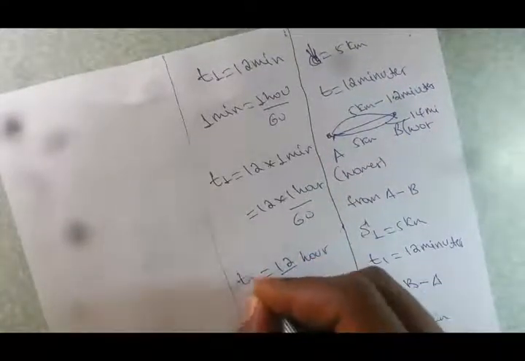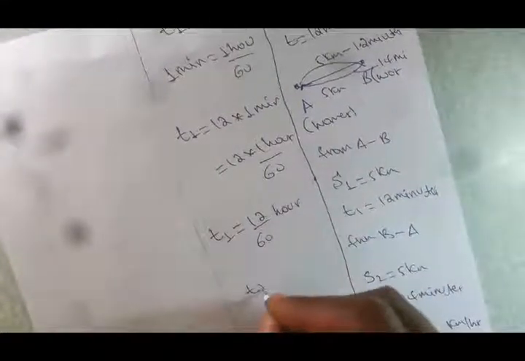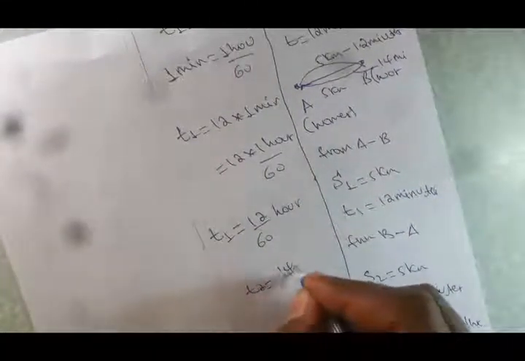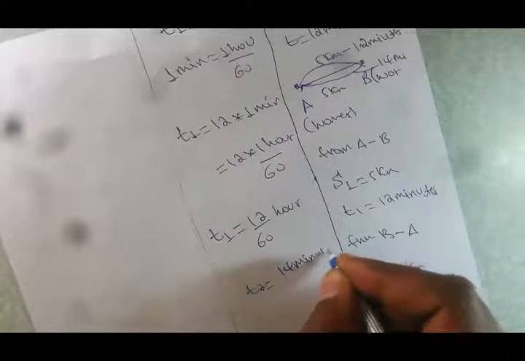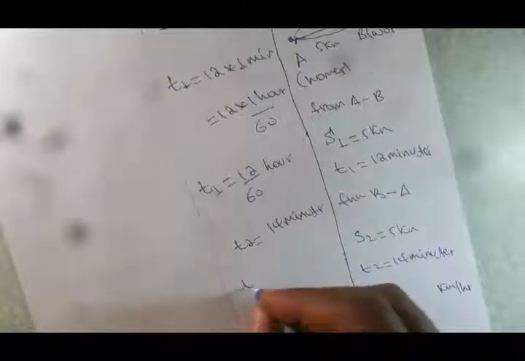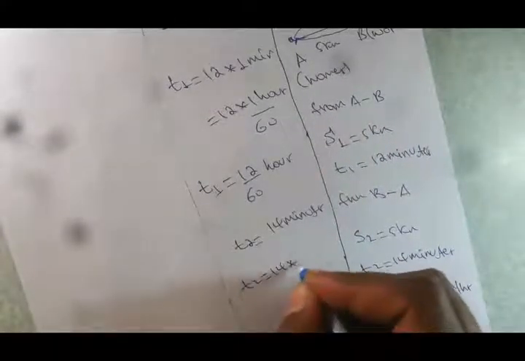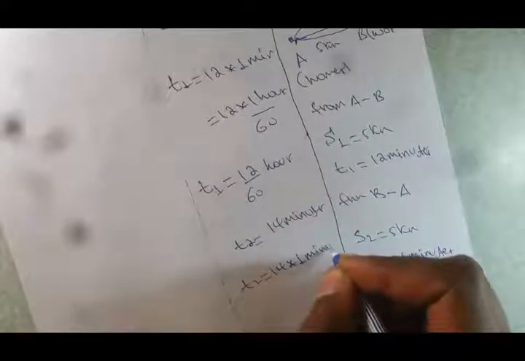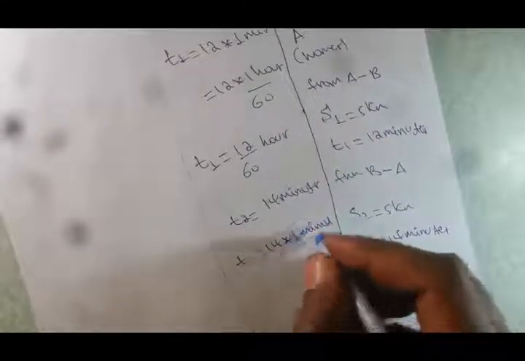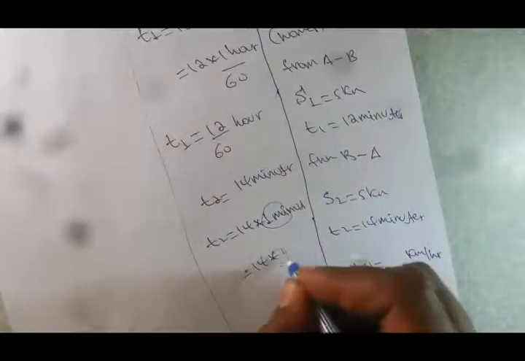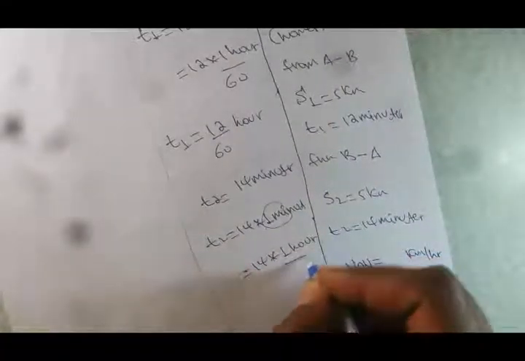This is equal to 12 over 60 hour. This is T1. And T2 is given as 14 minutes. Therefore, T2 is equal to 14 times 1 minute, and we already know that 1 minute is equal to 1 hour over 60, so 14 times 1 hour over 60.